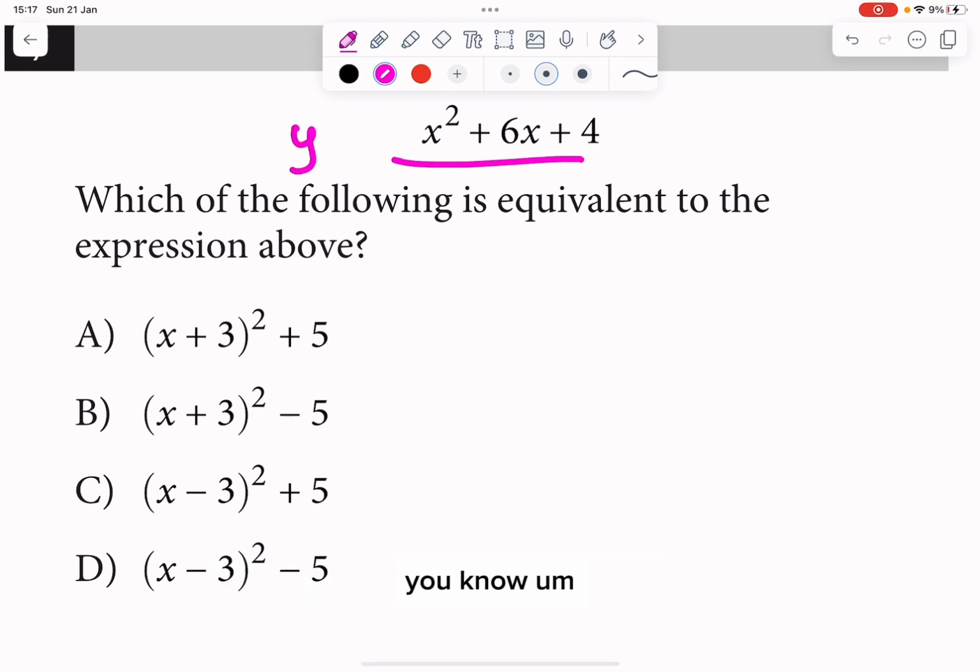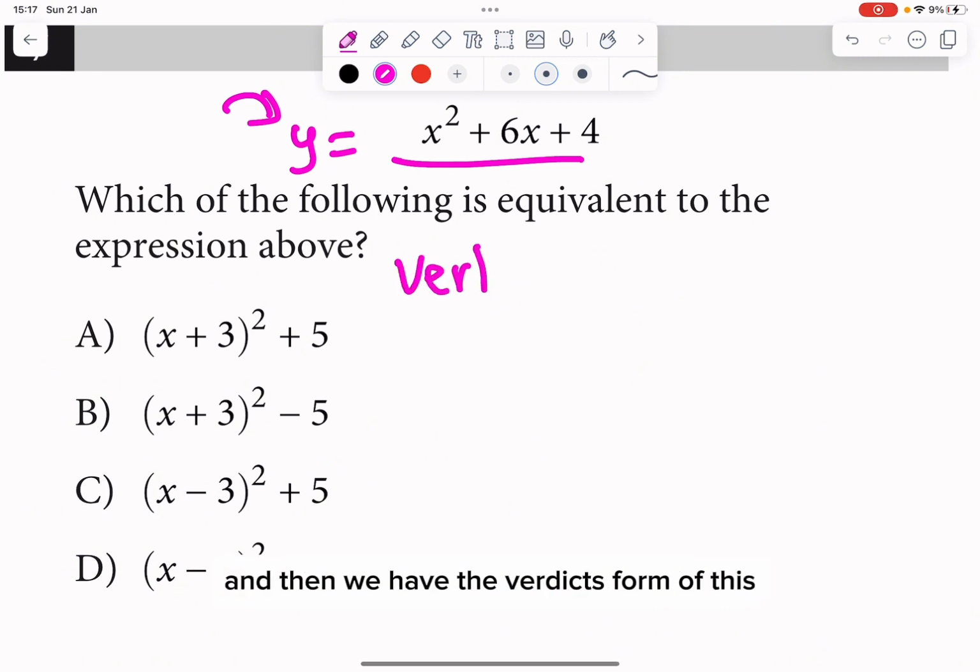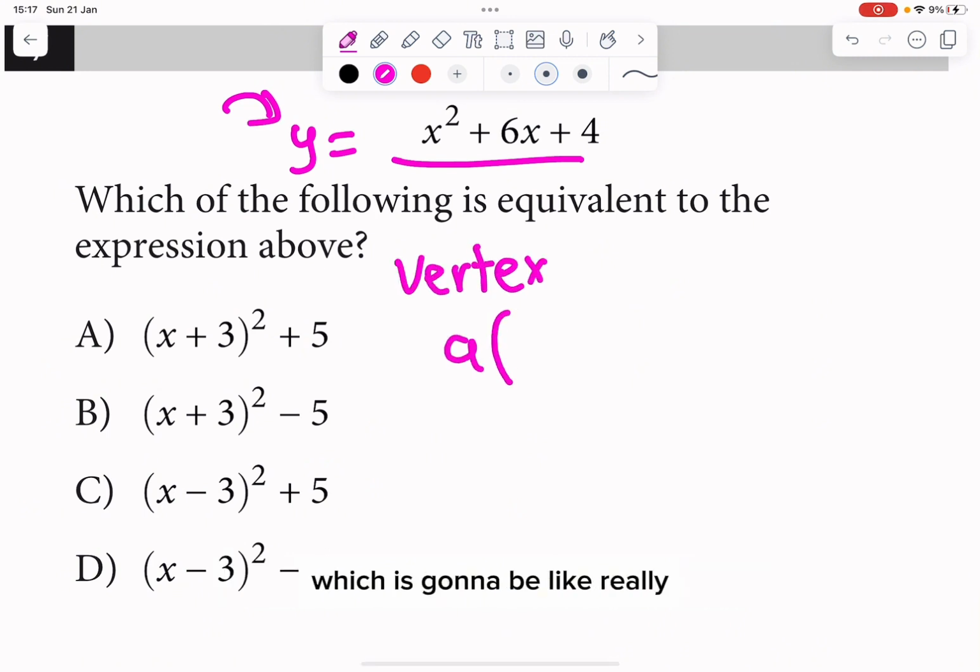So this is like the standard form, and then we have the vertex form of this, which is gonna be rewritten like this. Wait a minute, what is that? Something squared, and then plus k.